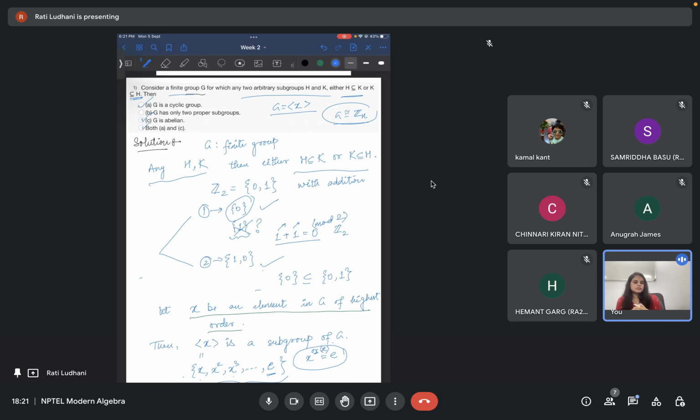Now let's come to the second part. G has only two proper subgroups. I guess the example is here only. As you told, you can consider this example. Does this set have two proper subgroups? Proper can have two definitions: either you can consider the identity one to be a proper subgroup or not.